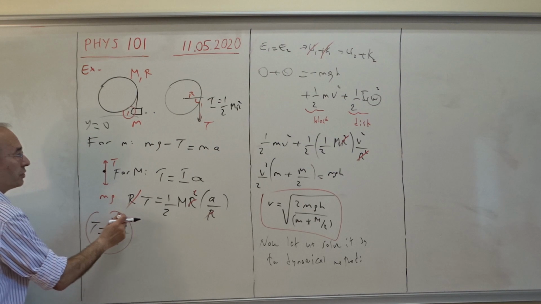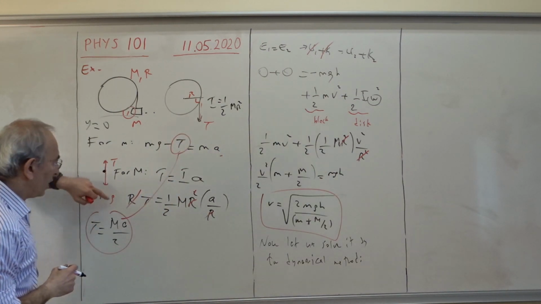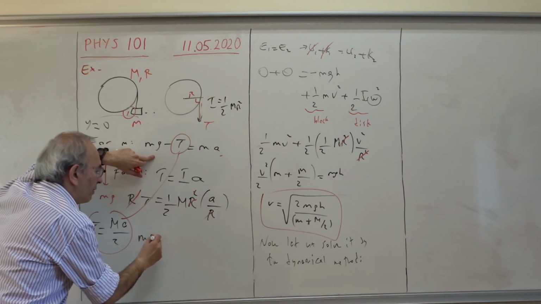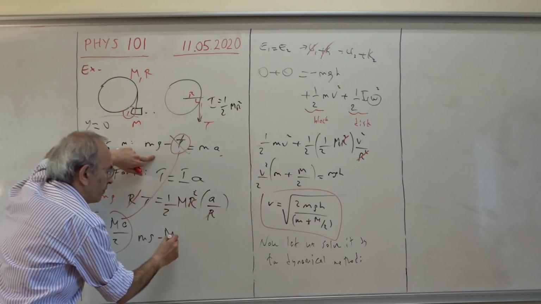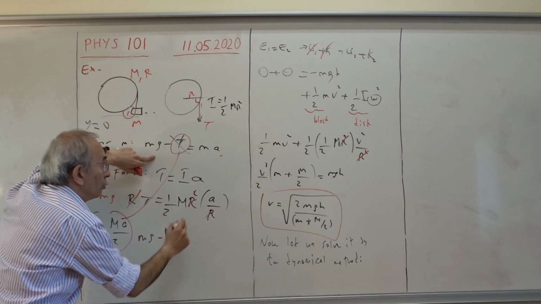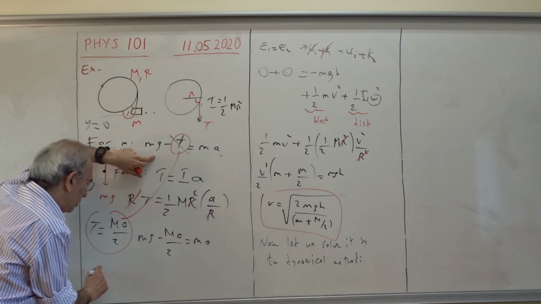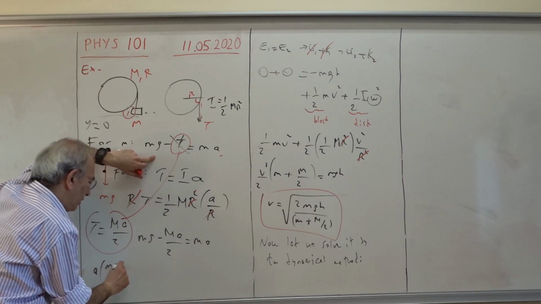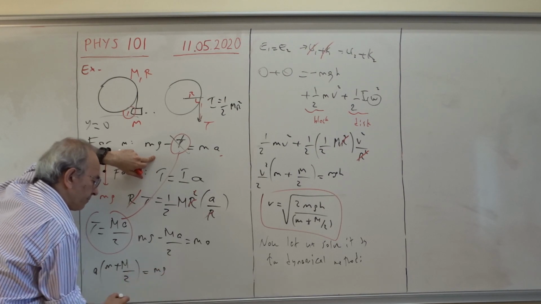And once you put this T here, you get the acceleration. So after plugging this T in the previous equation, we have mg minus T, but we don't write T, we write M a over 2. And a over 2 is equal to little m a. So group the a terms. Acceleration multiplied by the sum of them, little m plus capital M over 2. On the other side we have little mg.